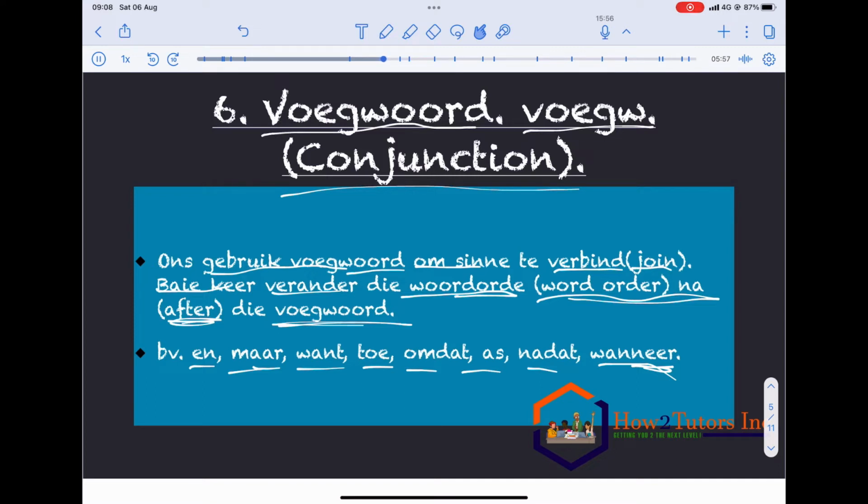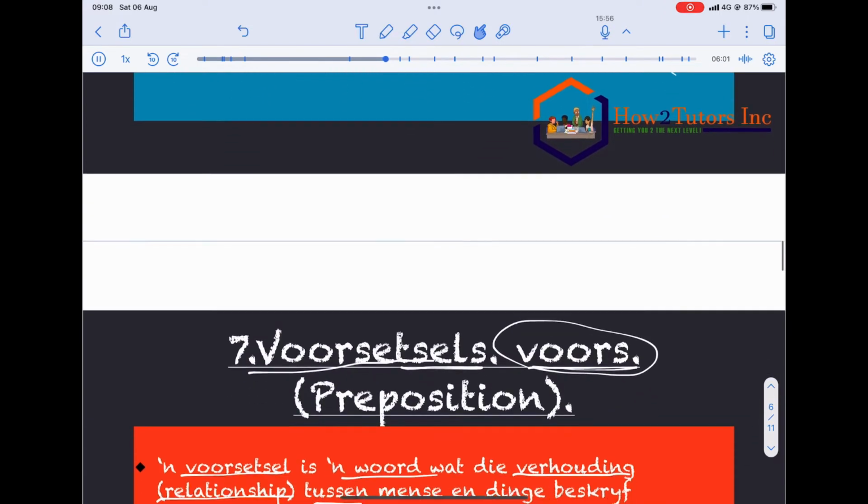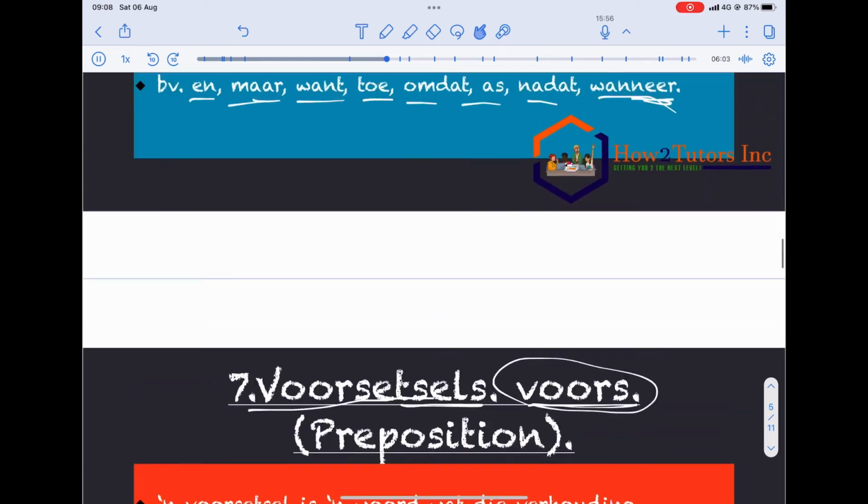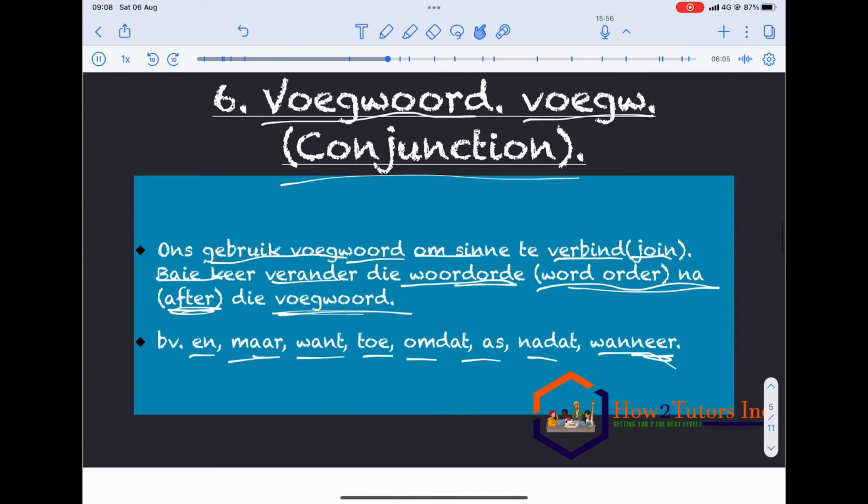Reg, kom ons gaan aan. Baie keer verander die woordorde na die voegwoord. So many times the word order changes after the conjunction. Most times the word order only changes after the conjunction, na die voegwoord.